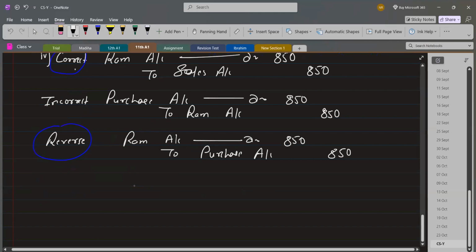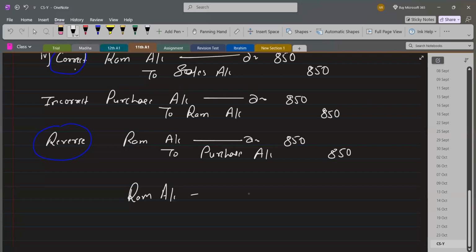Ram account debit, then to purchase account. Okay, and what will be the amount? 850.